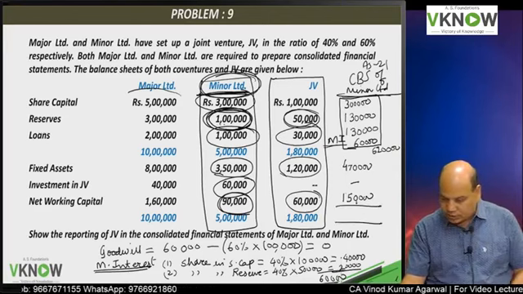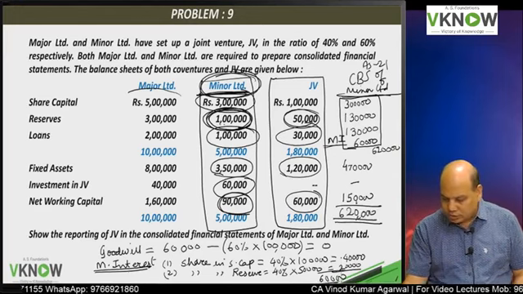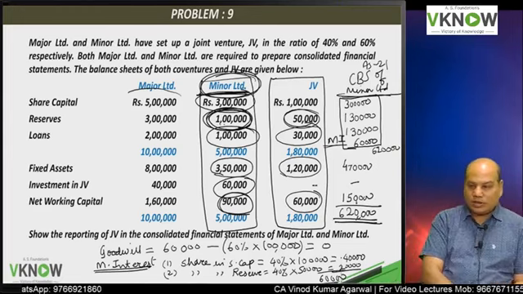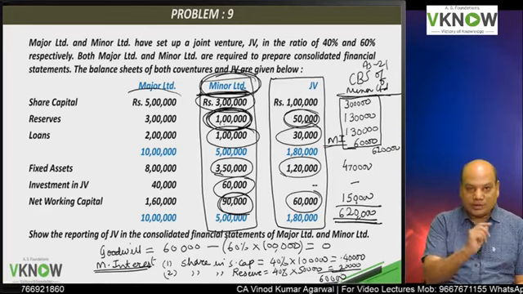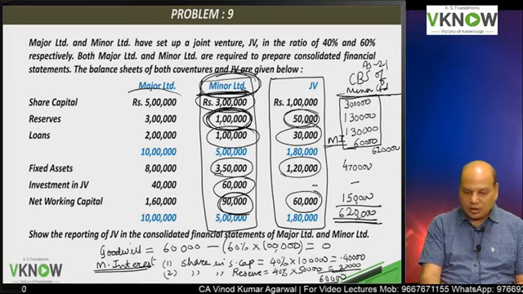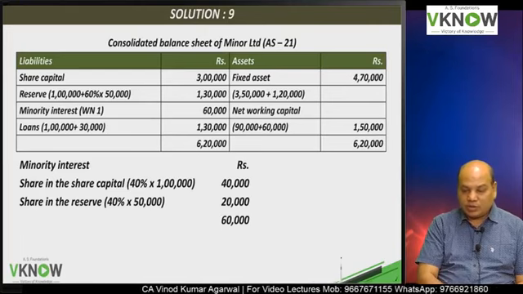Total of the asset side again 6,20,000. Very easy. AS21 is followed in the books of minor and AS27 is followed in the books of major. I have given the answer also. You can check the answer. Consolidated balance sheet of minor limited as per AS21.